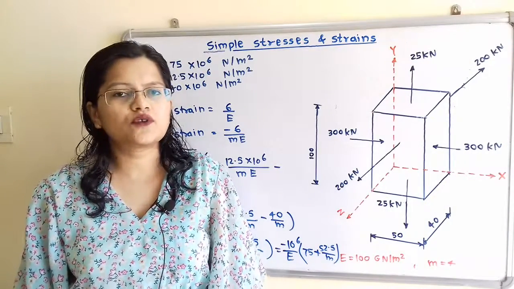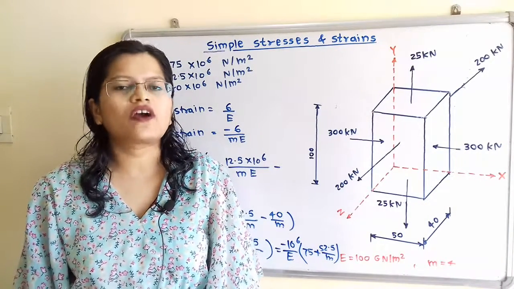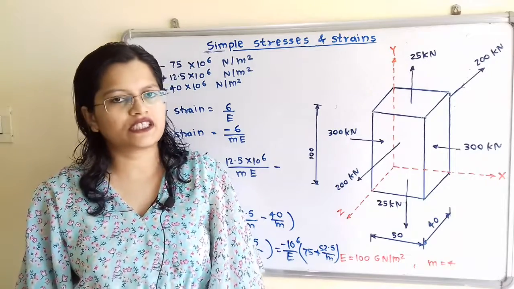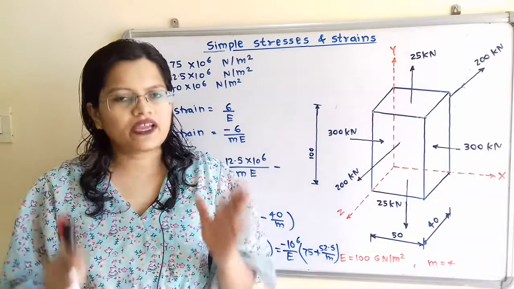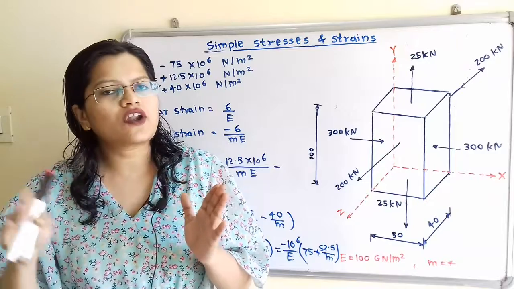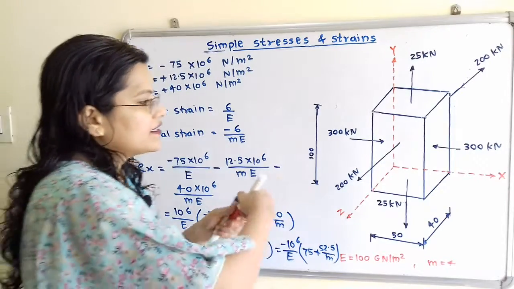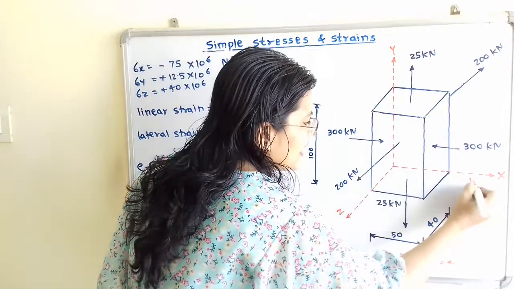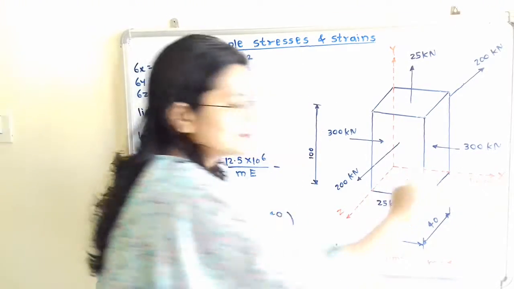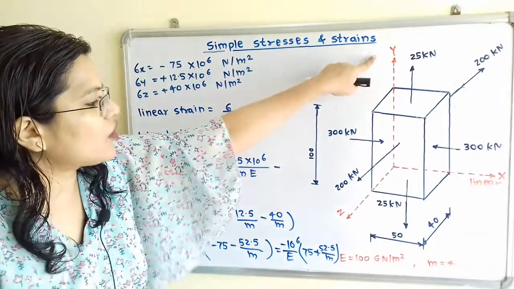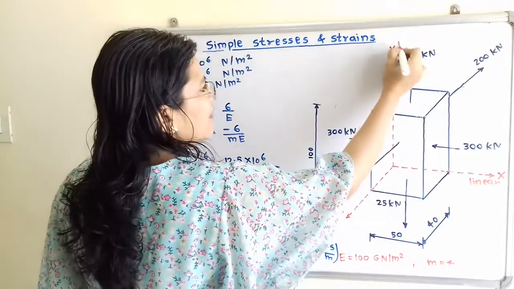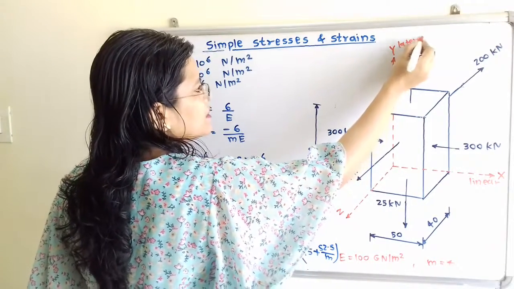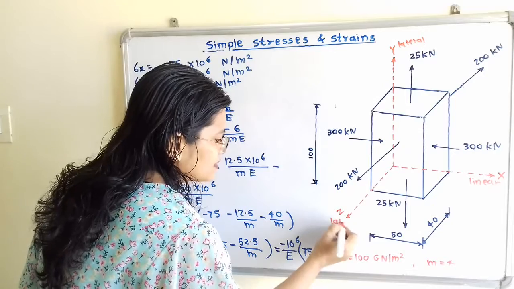Next step is to calculate the strain along x direction, y direction and z direction. When we calculate the strain along x direction, the strain along this direction is known as linear strain, and the strain along the other two directions, that is y direction and z direction, is known as lateral strain.